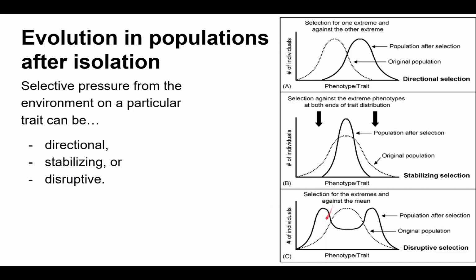And then we have disruptive selection, where again the mean doesn't really change, but in the population the extremes for the trait end up being the best or the most fit, and the mean being the least fit. Imagine we have our giraffe again, and we have some giraffes with long necks and some giraffes with short necks.